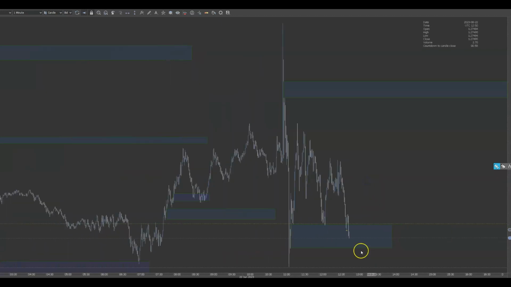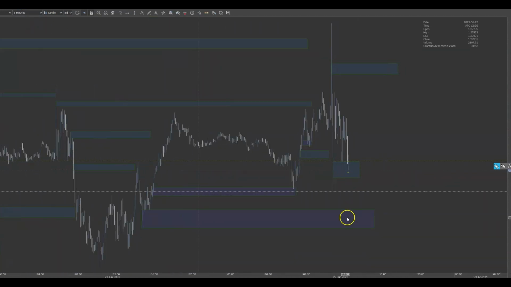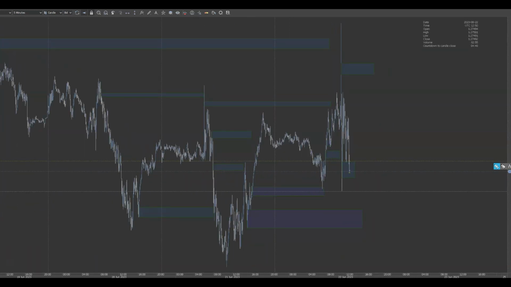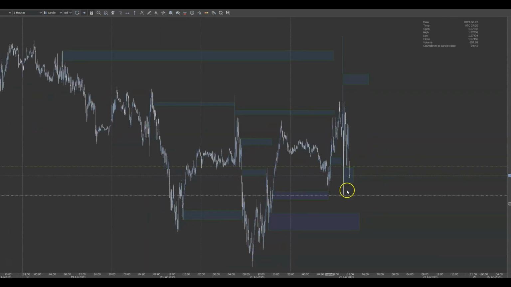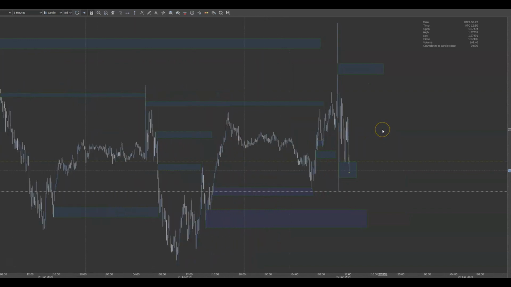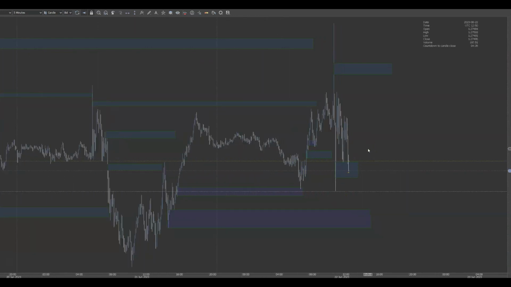I think right now we might be moving into here and possibly lower. I am closing the position from yesterday in here, and let's see if it does give us any other opportunity to play.